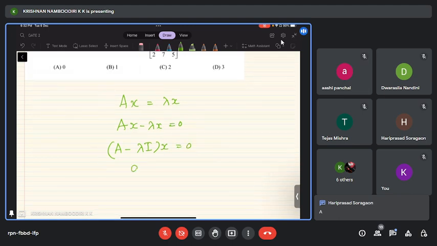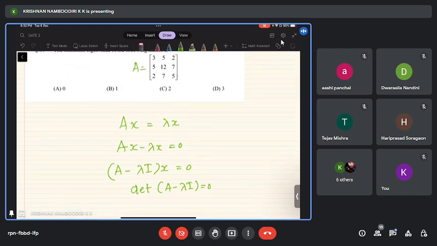Correct? And equate the determinant of A minus lambda I equal to 0. Since this is a 3x3 matrix, you will get a cubic equation in lambda, and you can solve that cubic equation and get 3 values of lambda. That is the standard procedure, the standard way of finding the eigenvalues of a matrix.